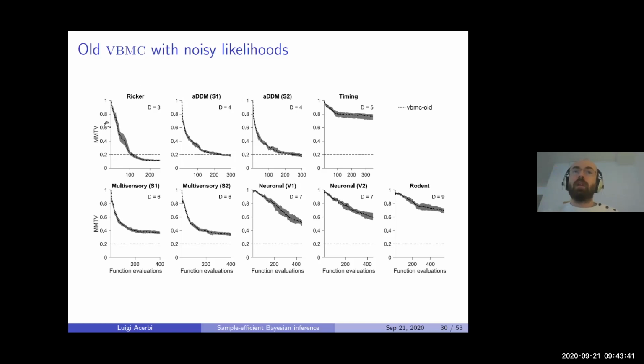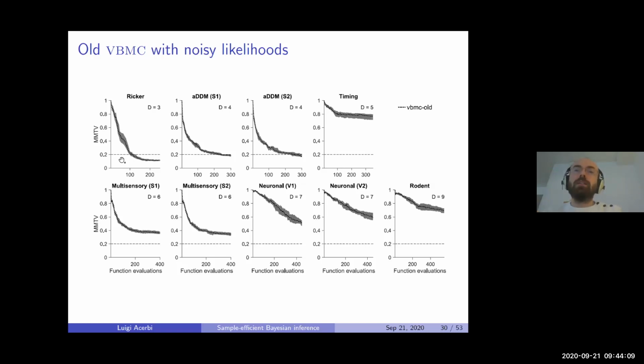And on the y-axis, we have a metric, in this case the mean marginal total variation, which tells you essentially how non-overlapping, or how distant, the marginals of the approximate posterior are from the true posterior. So ideally, you want this to be 0, which means perfect overlap of the approximate posterior and the true posterior.